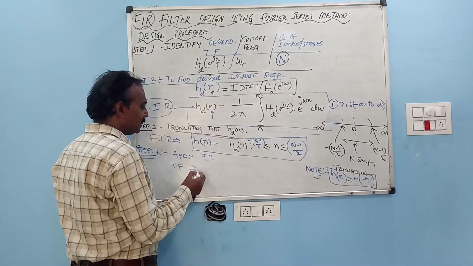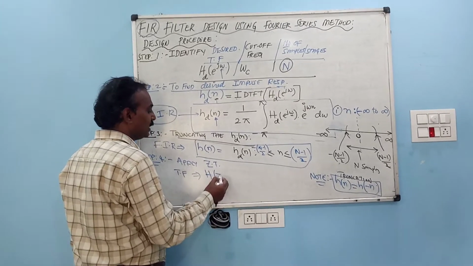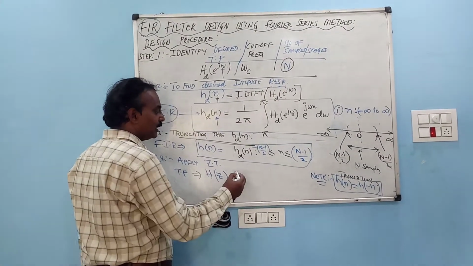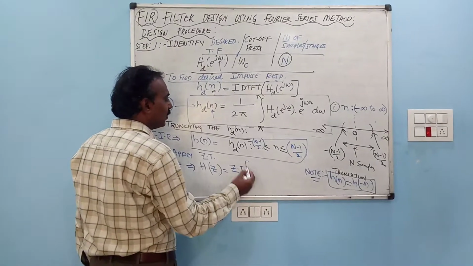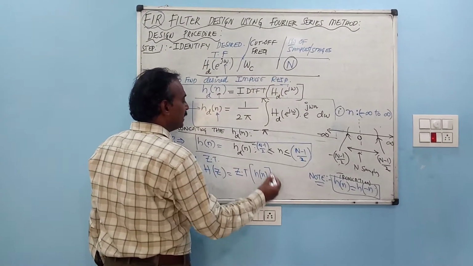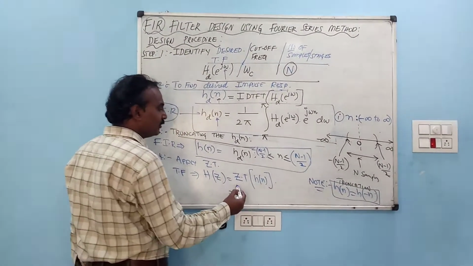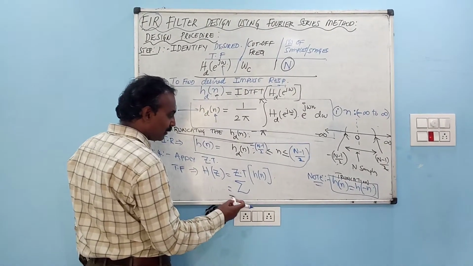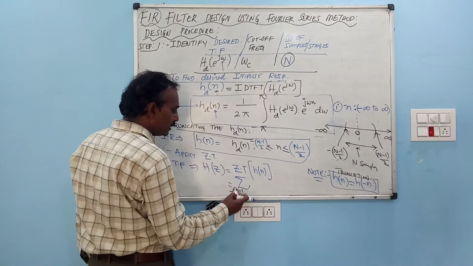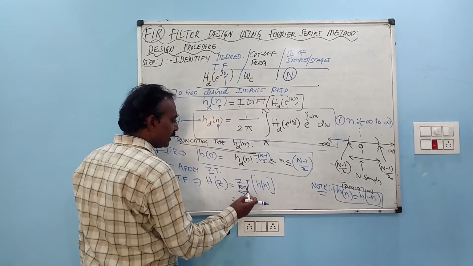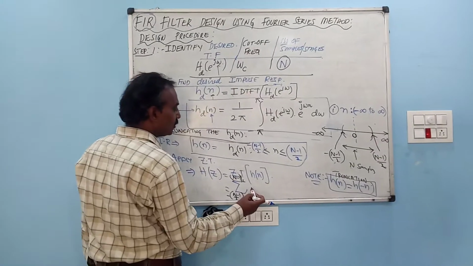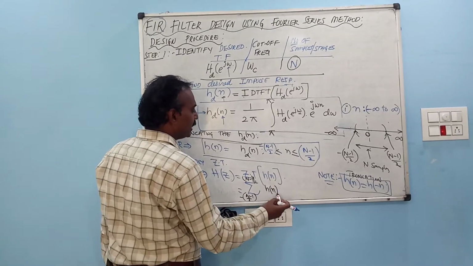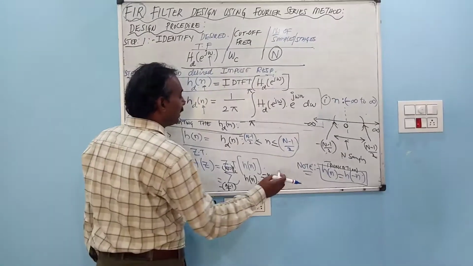So that is, this is a function capital H of Z. So that is nothing but Z transform of this h of n. When you take Z transform of h of n, we know the formula is summation. Now range is, limits is nothing but what? Minus of n minus 1 by 2 to plus n minus 1 by 2. So now this h of n is multiplied by Z power minus n.